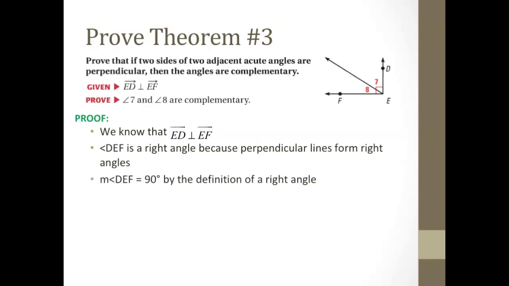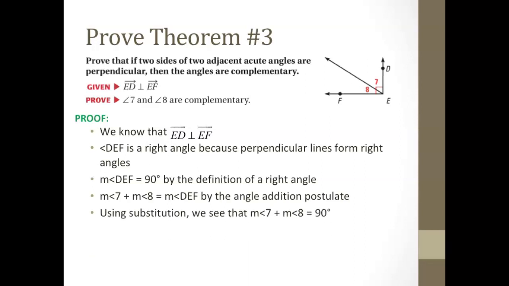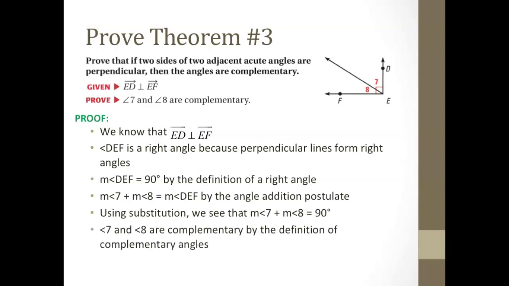Now, by the angle addition postulate that we've gone over, we know that the measure of angle 7 plus the measure of angle 8 is going to equal the measure of angle DEF. Now, by substitution, that tells us that the measure of angle 7 plus the measure of angle 8 is equal to 90 degrees. And from here, we can say, well, angle 7 and angle 8 are complementary because that is simply the definition of complementary angles, that they add up to 90 degrees.